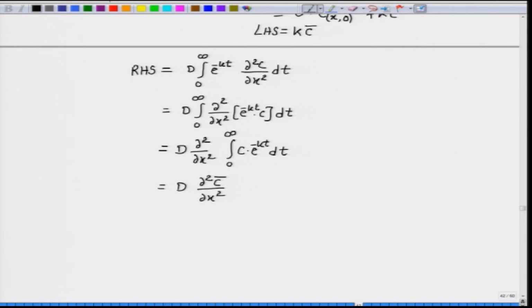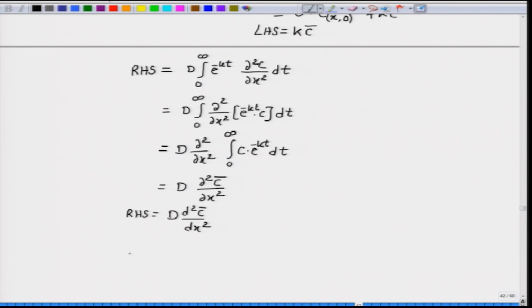Now, we know this Laplace transform is the integral with respect to t, and this is a definite integral. So, this is independent of t, right. So, c bar is not a function of t now. So, we can replace this partial differential with ordinary differential. So, we can write RHS is equal to D times d2 c bar by dx2.